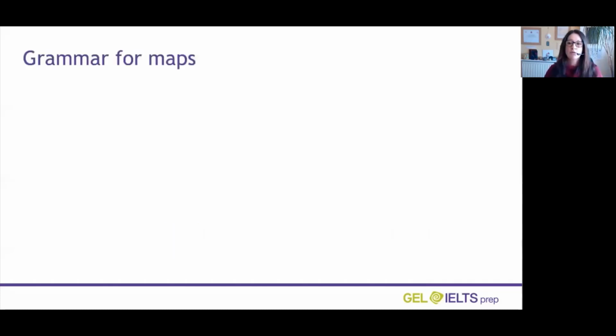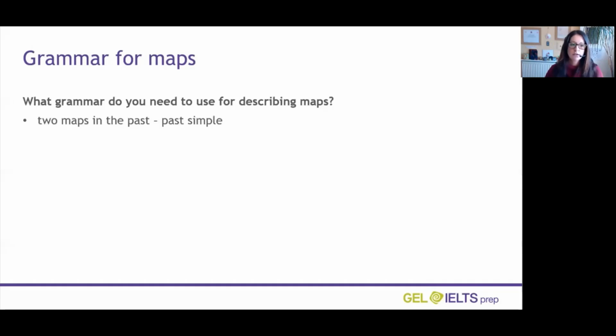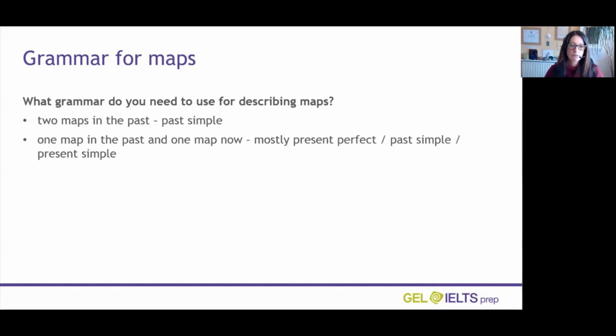Okay, let's think about grammar for maps. So what grammar do you need to use for describing maps? If we've got two maps in the past, probably we want to be using past simple to think about those two maps and how we can talk about them. Sometimes, as in the example that we've just seen, we've got one map in the past and we've got one map now.